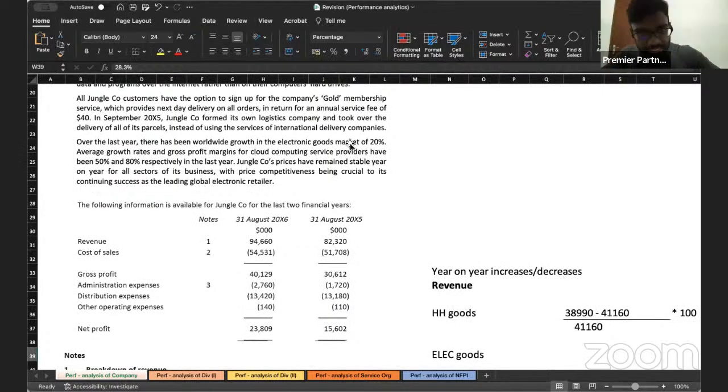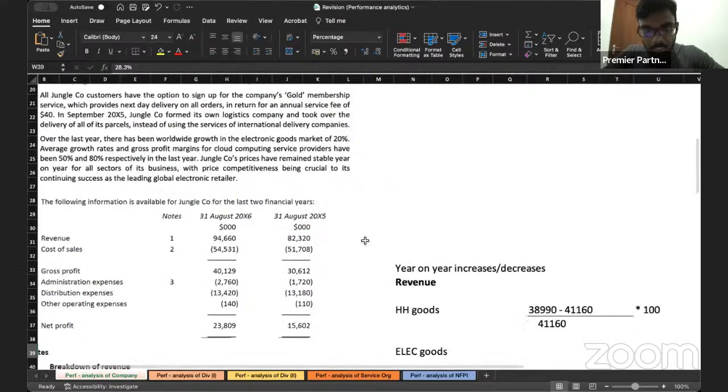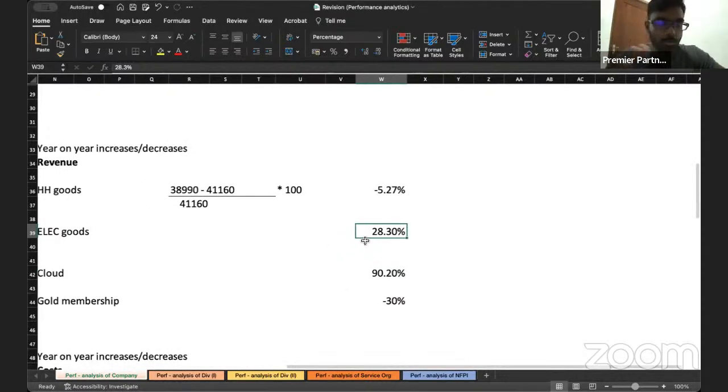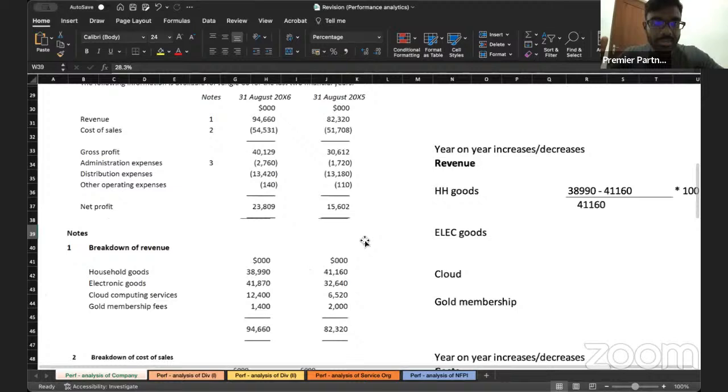So they're talking about global growth rates. Even in ACCA, you have global pass rates, and we have our own pass rates at PBIM. Like that only. So here, worldwide growth of the electronic goods market is 20%, your sales have grown by 28%, so you've surpassed worldwide averages.